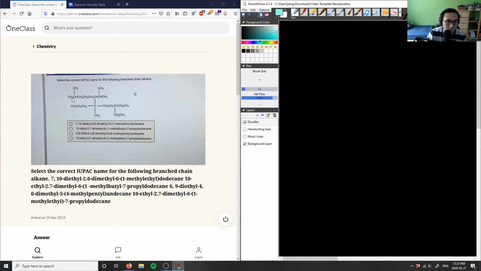So I'm going to count 1, 2, 3, 4, 5, 6, 7, 8. 1, 2, 3, 4, 5, 6, 7, 8. I have a methyl chain on the second carbon here. And then I have a methyl chain on this carbon here as well. And then on the third carbon, it's bonded to some type of carbon here, which is also bonded to another carbon.